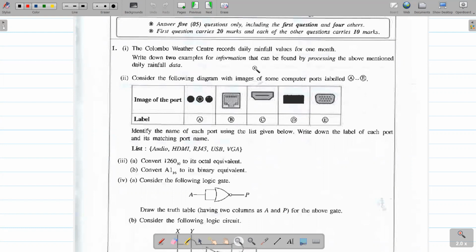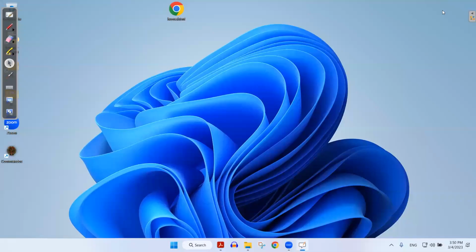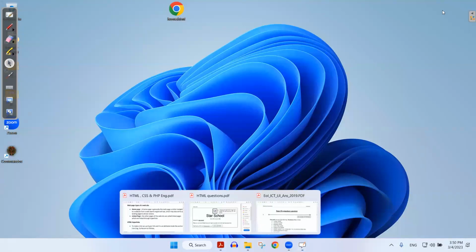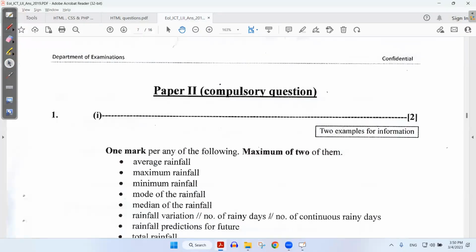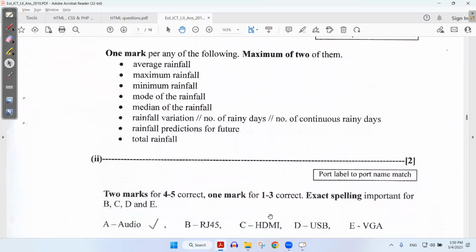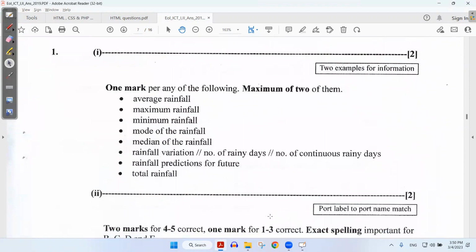The second part says the Colombo Weather Center records daily rainfall values for 1 month. Write down 2 examples of information that can be found by processing the above mentioned daily rainfall data. So when you have daily rainfall, you can take the total rainfall of the month, the processing part, or the average rainfall of the month, again a processing part. You can do the comparison as well. These types of answers can be taken as the information that you can derive.